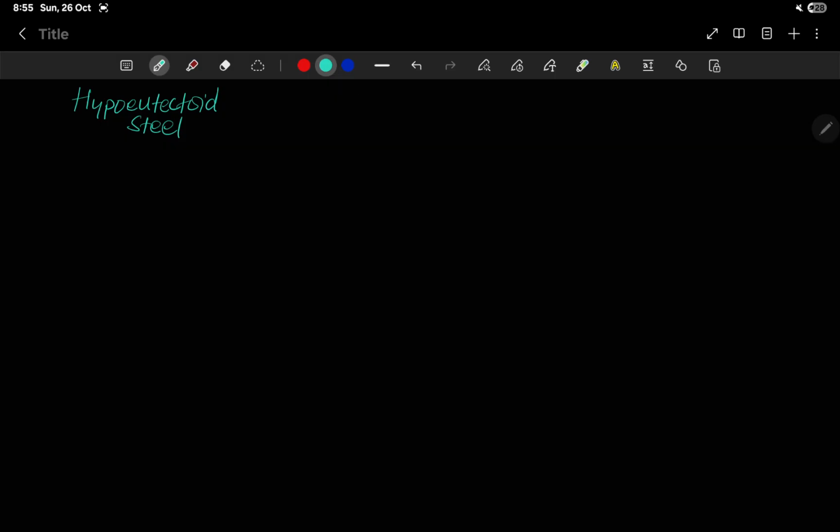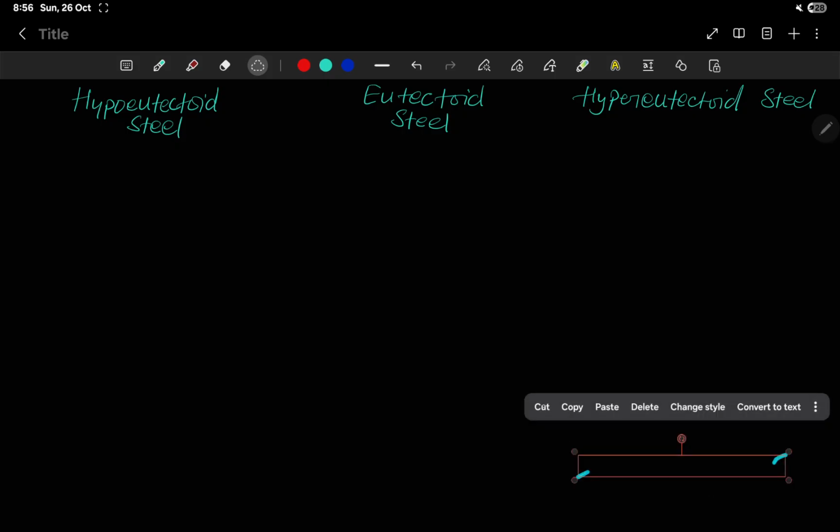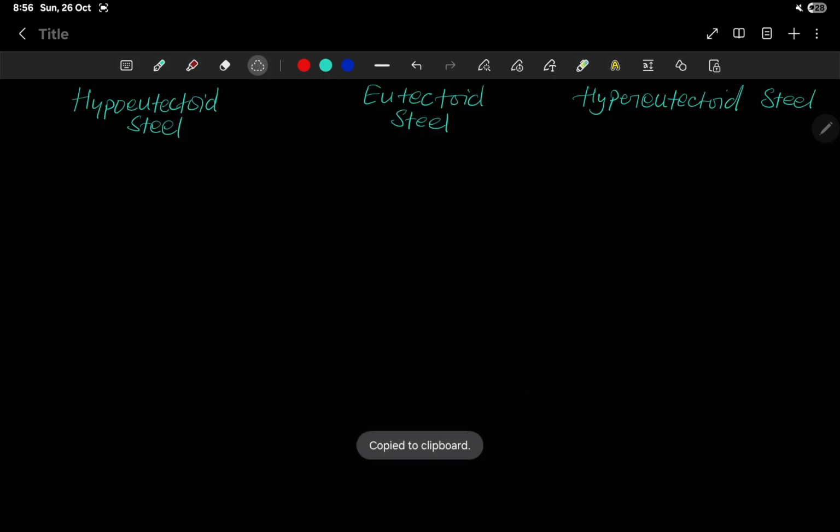Okay, and another is eutectoid steel, and another is hypereutectoid steel. Okay, so let me erase this so that we have a nice space for writing.